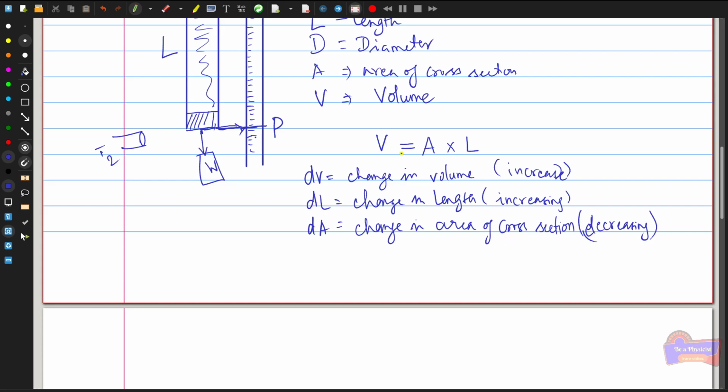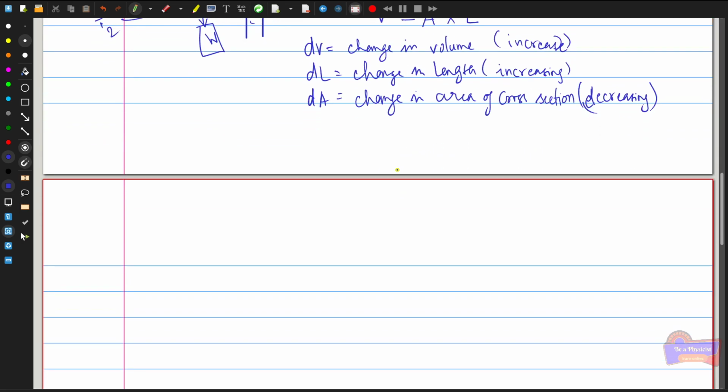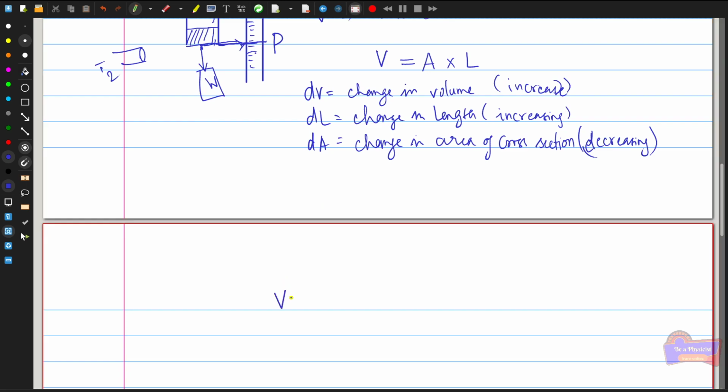So I can change this formula as the total volume plus the change in volume, which is equal to the total area minus the decrease in area, into the total length plus the increase in length.